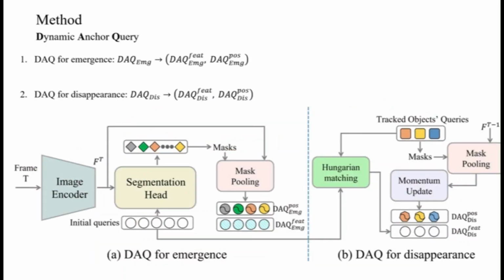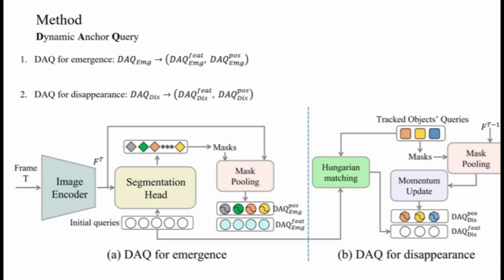Now, we introduce how to generate these dynamic anchor queries. Both DAQs for emergence and disappearance consist of 2 parts, which are query feature and positional embedding. For emergence DAQ, the query feature is a learnable embedding shared by all dynamic anchor queries, and the query positional embedding is obtained using the appearance features of the candidates through simple mask pooling.